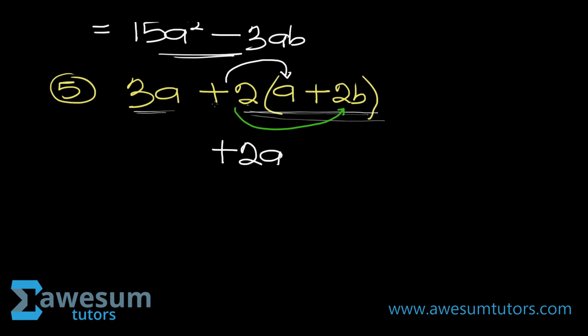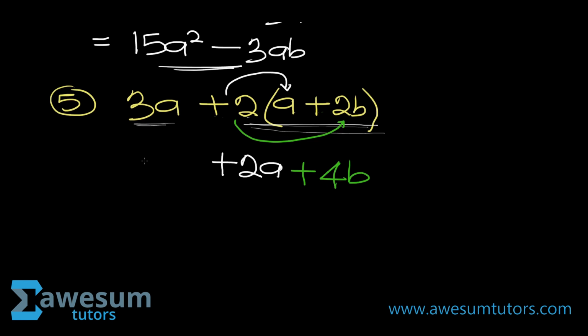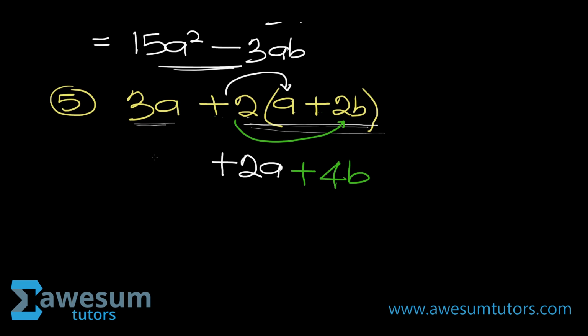Positive times positive is positive. 2 times 2b is going to give me 4b. And then I have 3a, so I bring my 3a down right here.